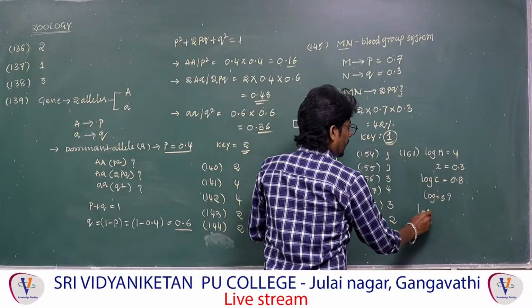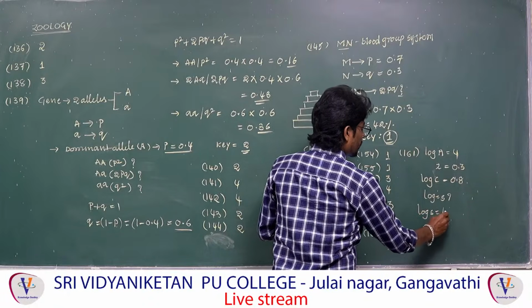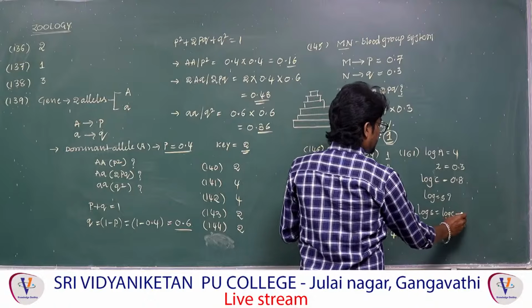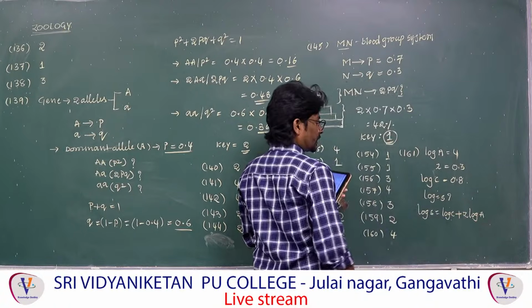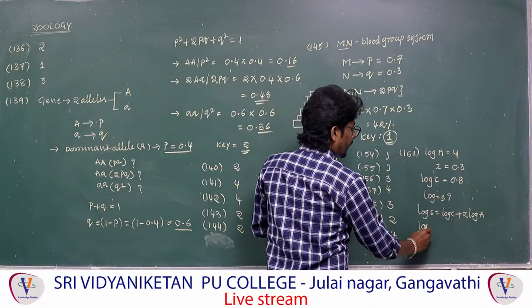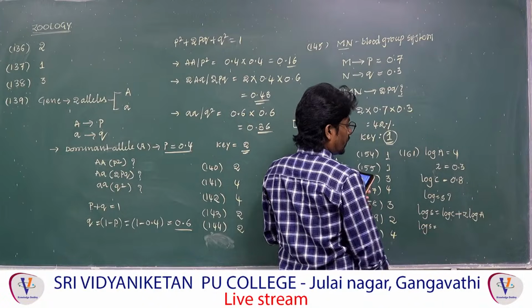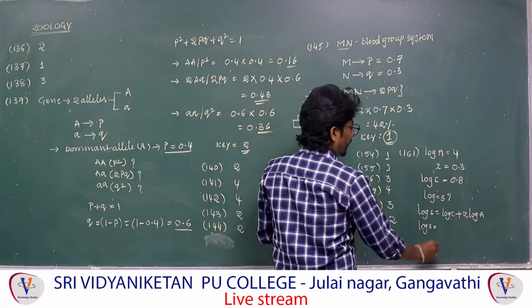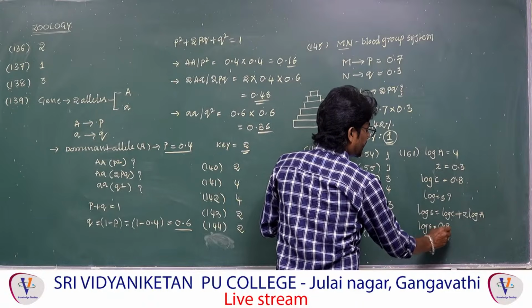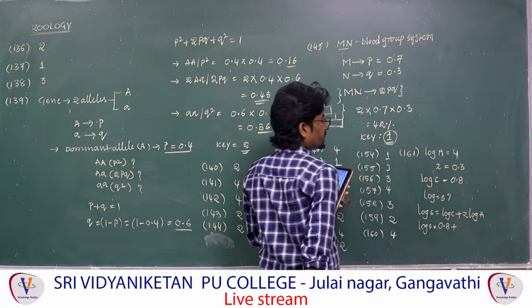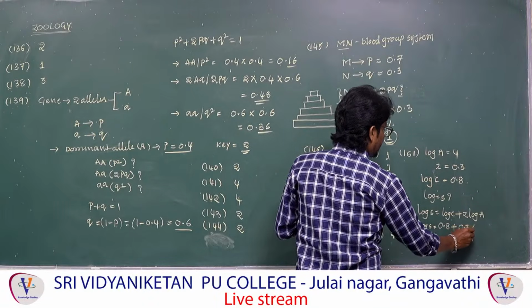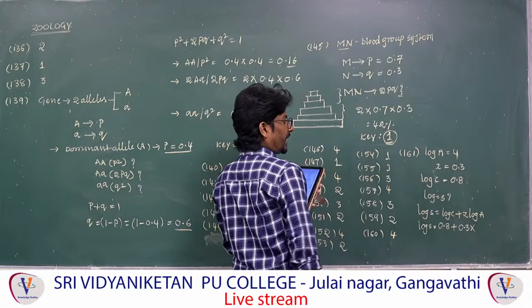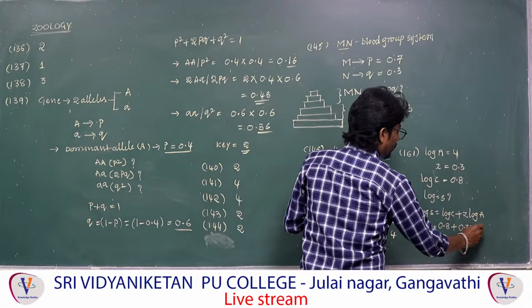Log S is equal to log C plus Z log A. So log S is equal to 0.8 plus Z value, 0.3, into log A, 4.